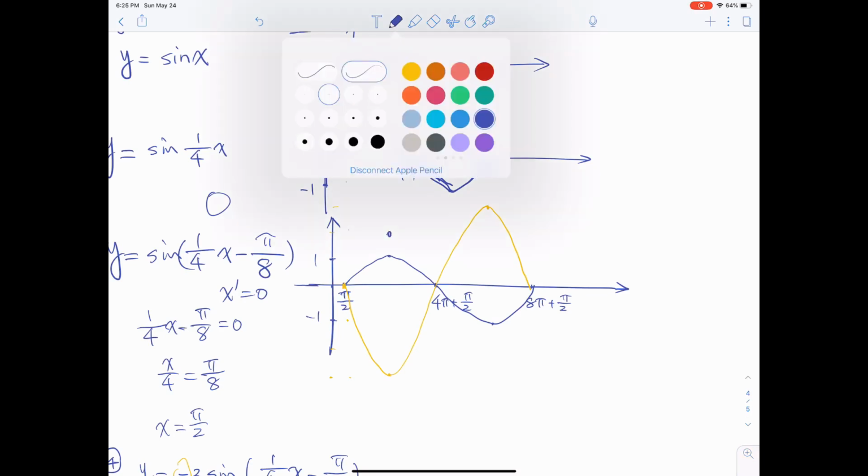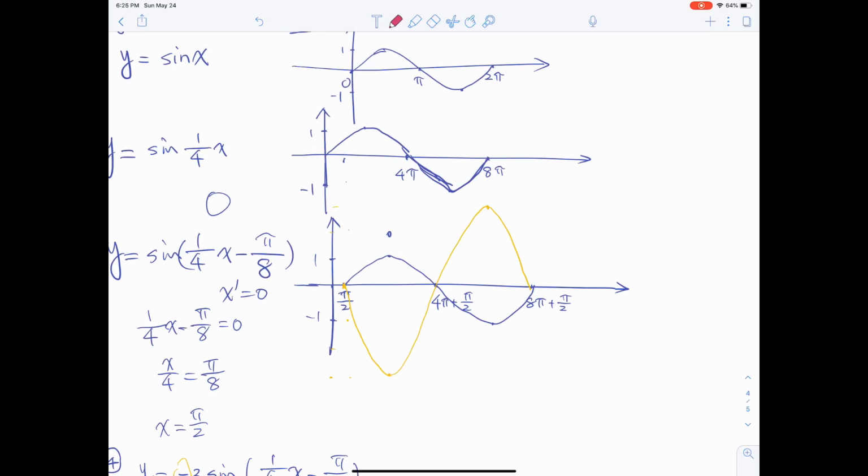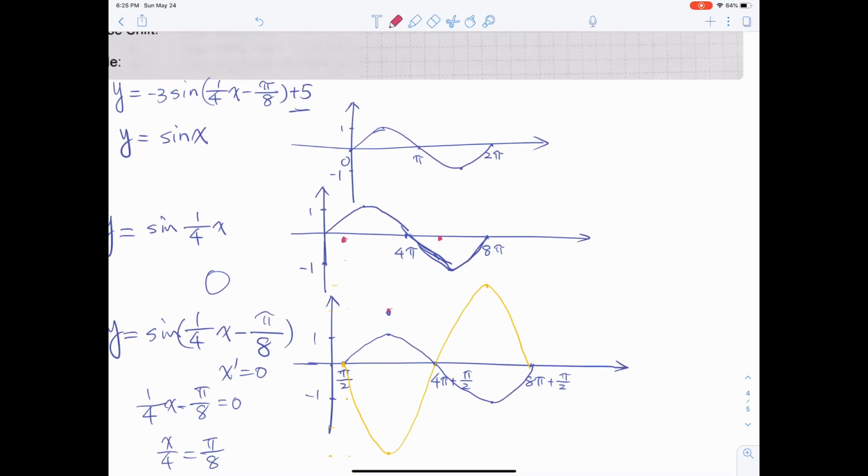I use a red pen to do it, okay? When it is 0, it will be this 0. When it is a positive 3, it will be positive 8. 0, 1, 2, 3. So it will be like this.